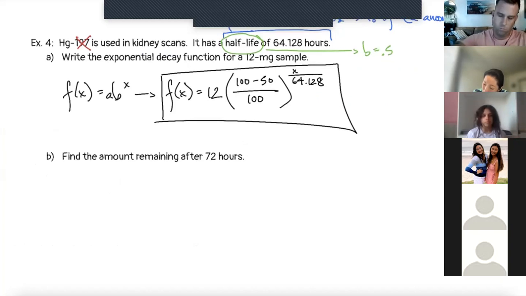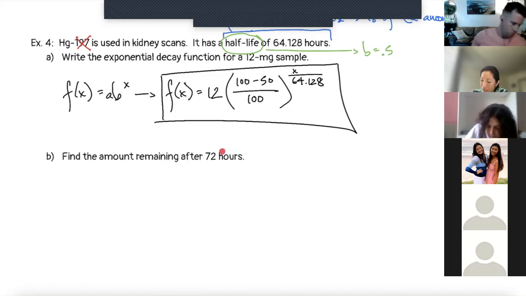To find the amount remaining after 72 hours, how many half-lives is that, by the way? 72 hours would be one half-life, but there is still some left over, which is why you had the divided by 64.128.